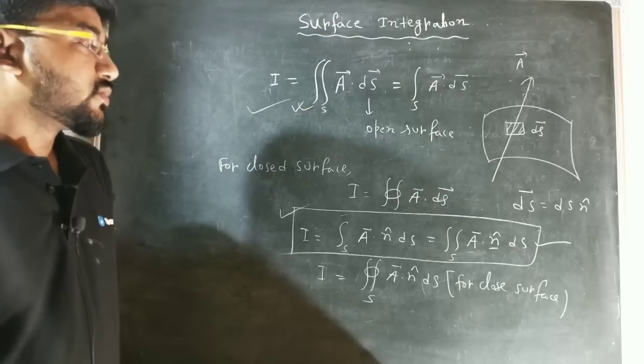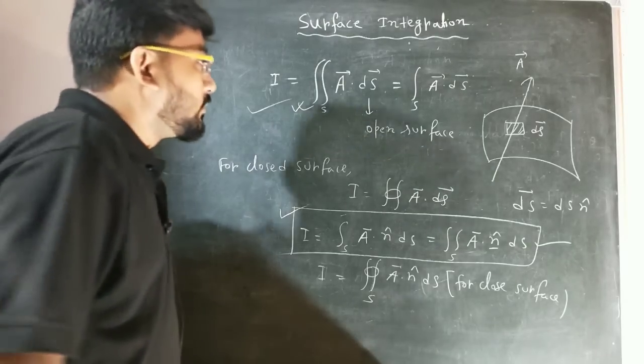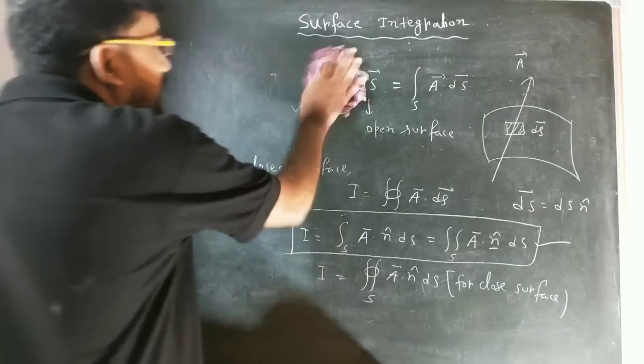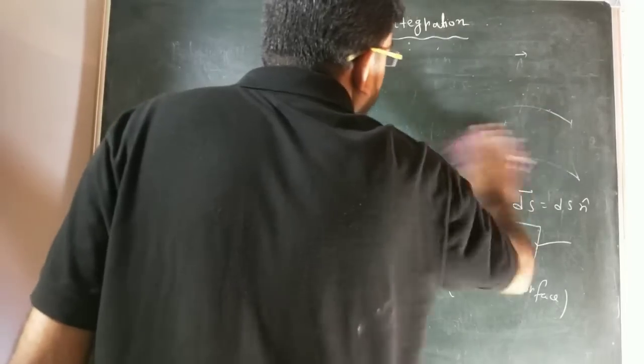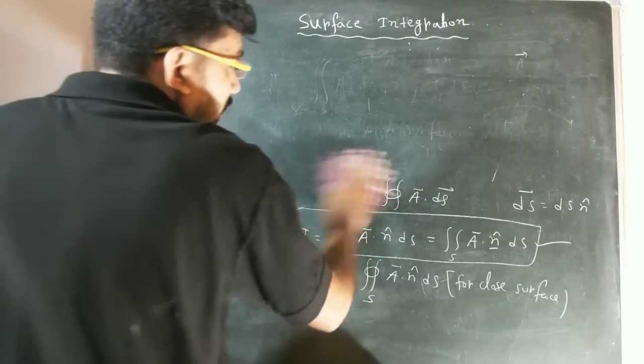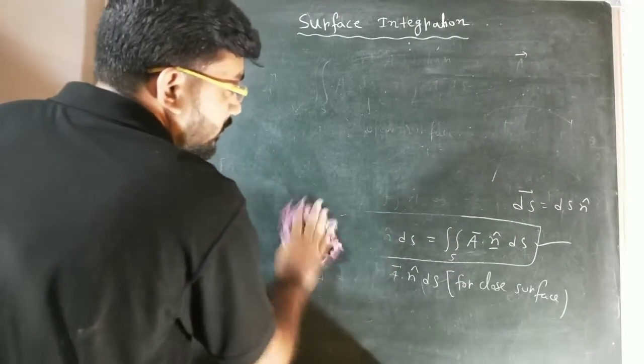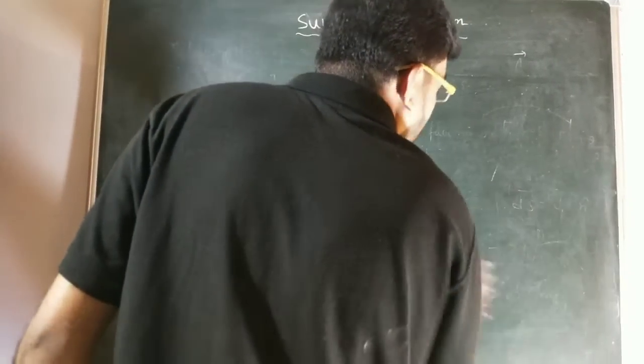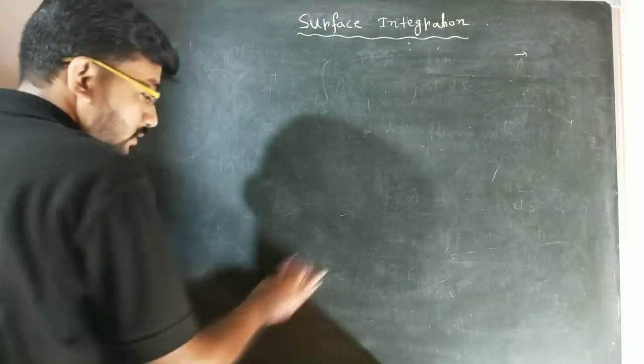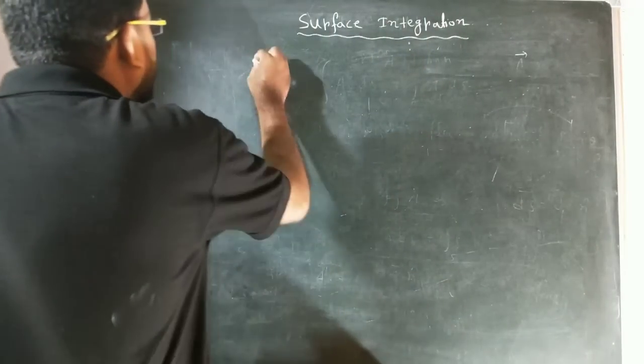Okay, so let me give you an example so that you can understand how to solve it. And this is actually the projection method. So I want to solve the surface integration by using the projection method.